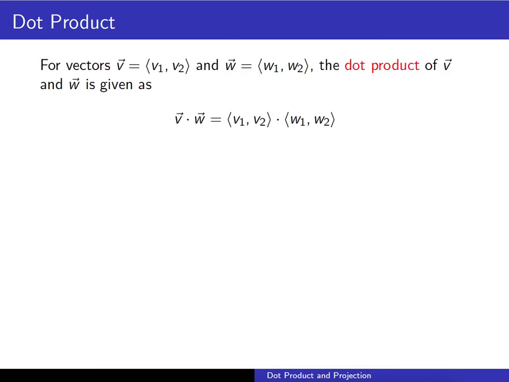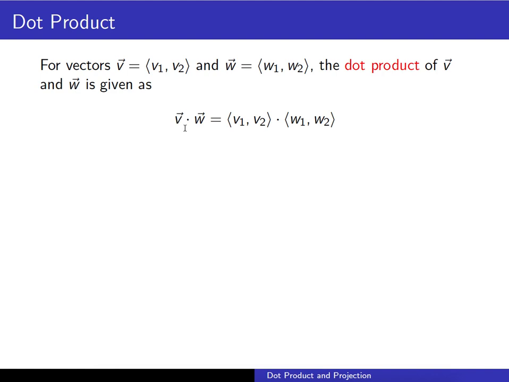So if we have two vectors v and w, where v and w have horizontal components and vertical components, so the horizontal component of v is v1, the vertical component of vector v is v2, etc. for w. The dot product of v and w is almost like a way to multiply vectors. Use that term very loosely.